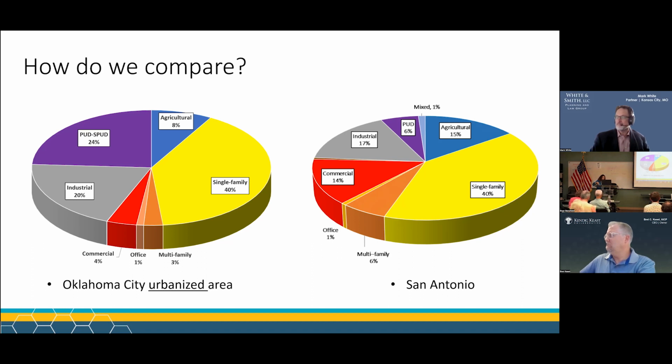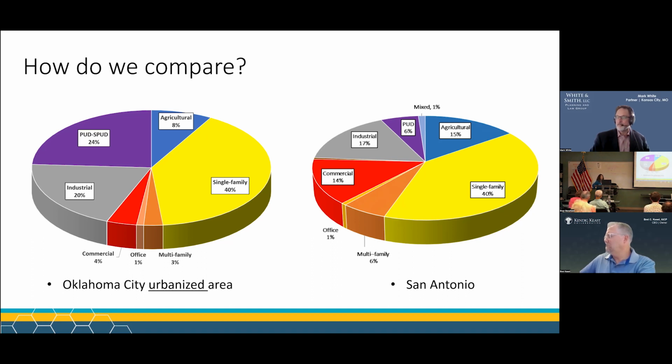We're 8% agricultural. San Antonio is about 15%. San Antonio is a lot like us, with lots of land mass and lots of driving. But we only have 4% commercial, and San Antonio is 14%.